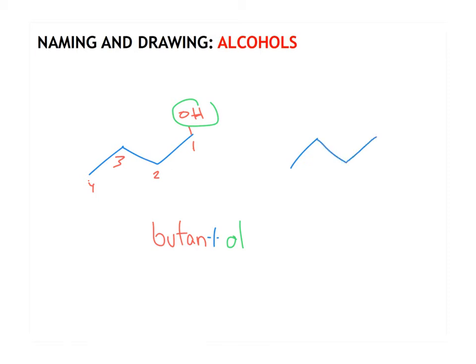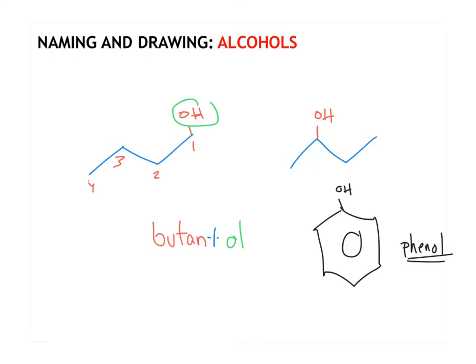Now this could be different. If you think back to last week in isomers, I could have butan-2-ol, and that would look like this. So the number tells us where that OH is. So butan-1-ol, butan-2-ol. There is one exception to know. If we have a benzene ring with an OH attached, this is called a phenol.